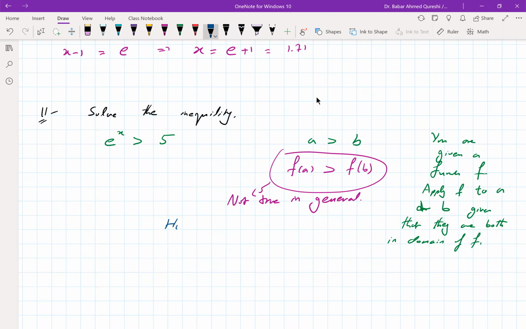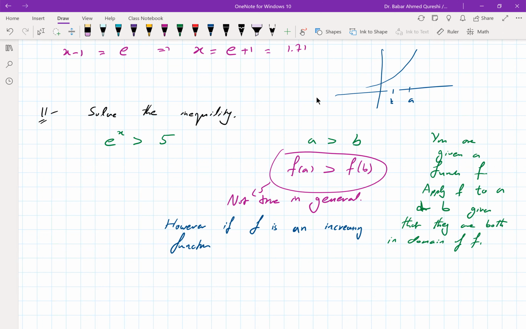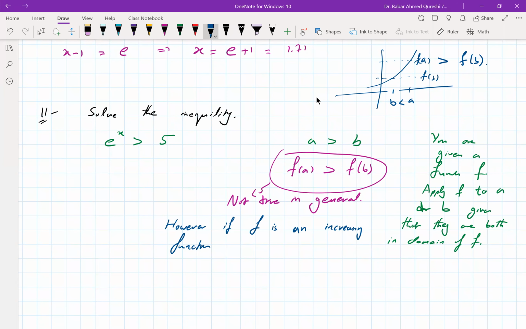However, if f is an increasing function, if you look at the graph and it just keeps increasing, then if this is B, this is A, and A is bigger than B, then that's the very definition of increasing functions, that f of A is going to be bigger than f of B. So for increasing functions, you can do that.